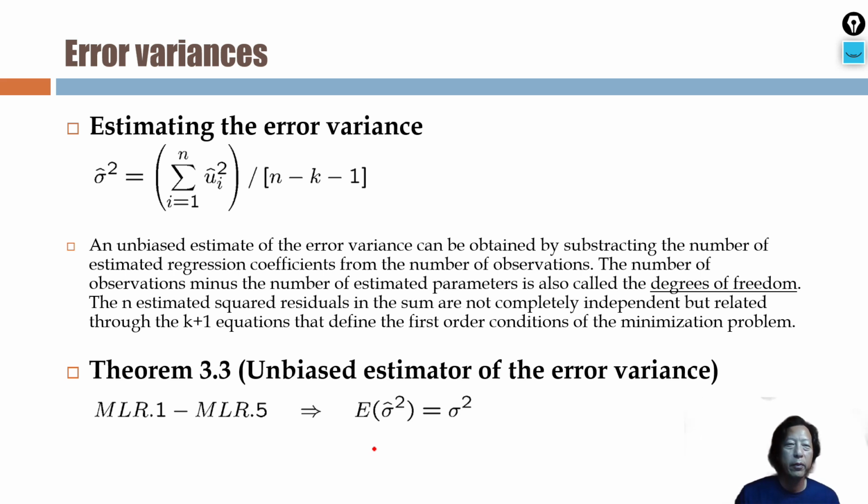Okay, this is the error variance. Estimating the error variance is similar to the sample standard deviation, which is S equals the sum of x minus x bar squared, divided by n minus 1.